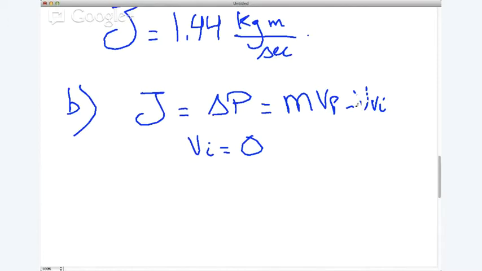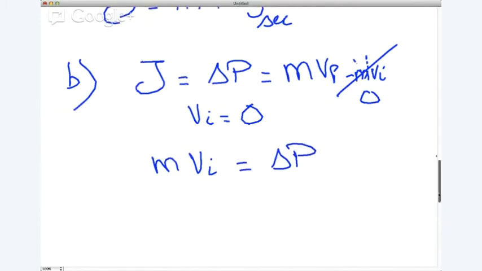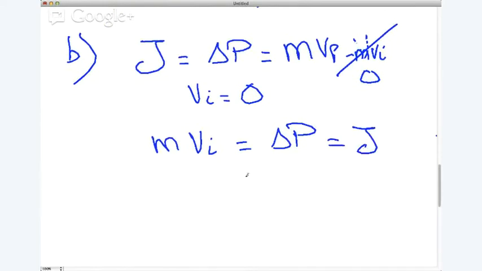Should be an m there. And so now I have mass times v final equals the change in momentum, which is the impulse, which is J, and therefore v final will be the impulse divided by the mass.